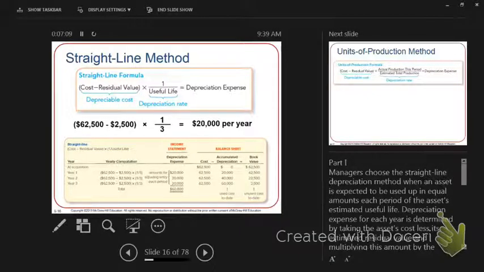So you would take cost, 62.5, minus residual value, times 30,000 over 100, which is 60,000 times 30 over 100, which will actually get you 18,000. Right? Which means our accumulated depreciation is 18,000. And if you subtract that from the cost, it's 44.5.